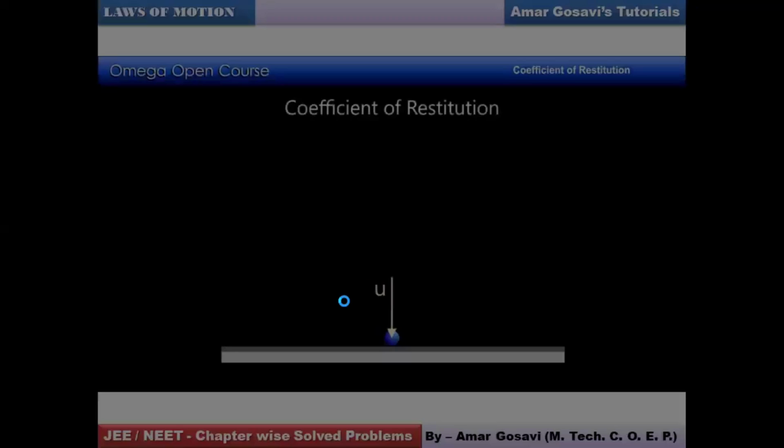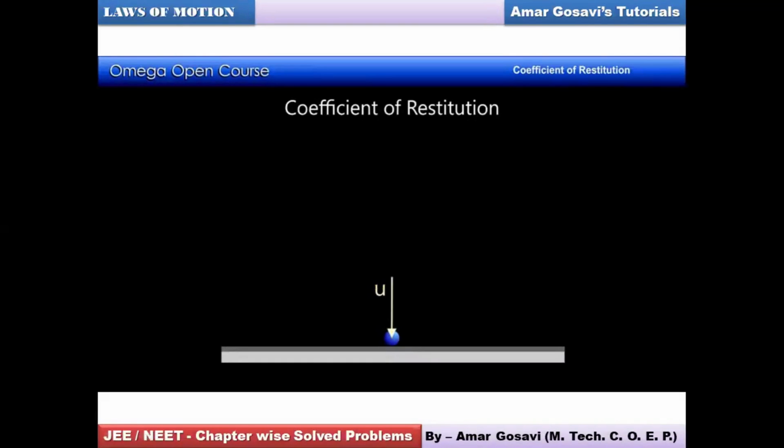In similar terms, I go to the previous slide. Initially, when the ball was about to hit, the floor is at rest. Initial velocity is u. So the relative velocity of approach would be u minus 0, and therefore the relative velocity of approach is u, whereas the relative velocity of separation is v.